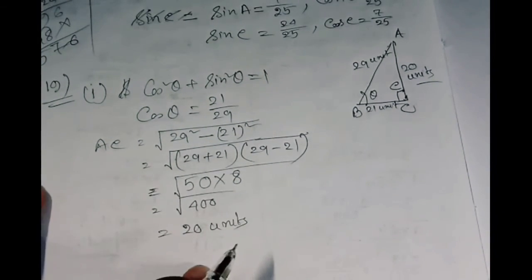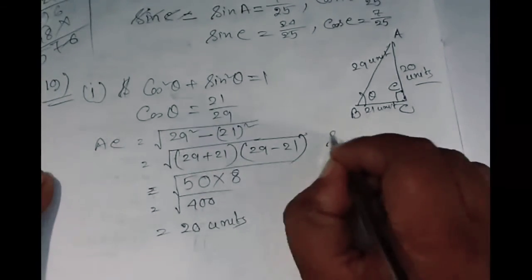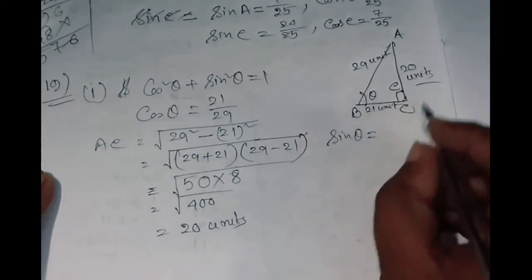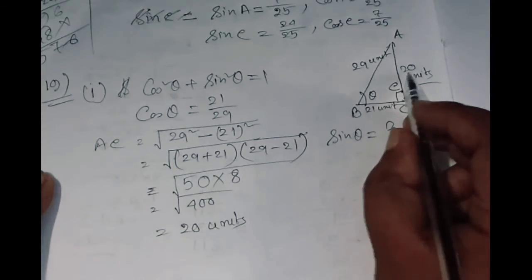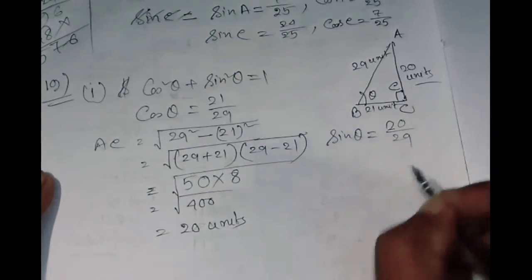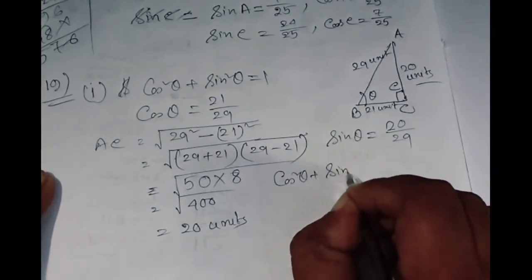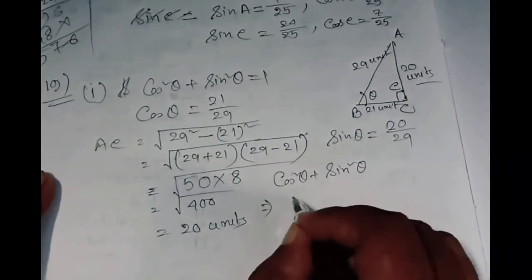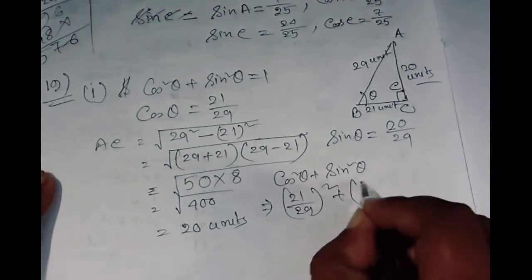Okay, now so cos theta is equal to 21 by 29. Obviously, sin theta is equal to 20 by 29.